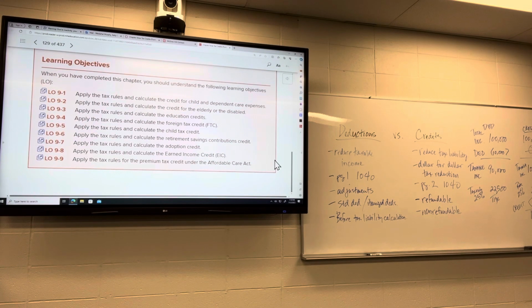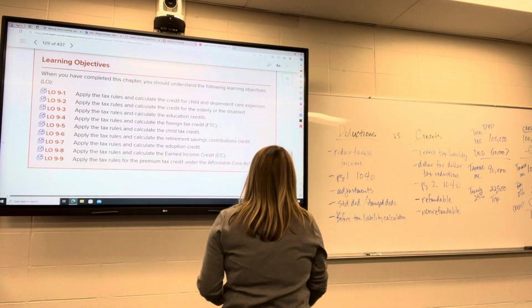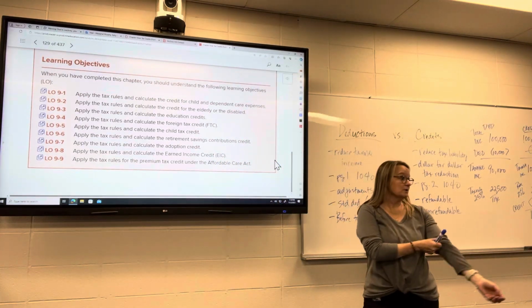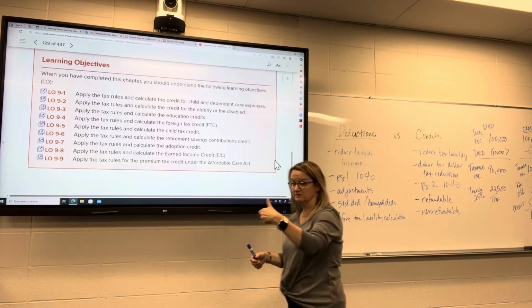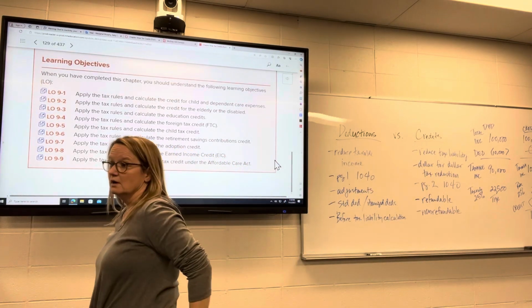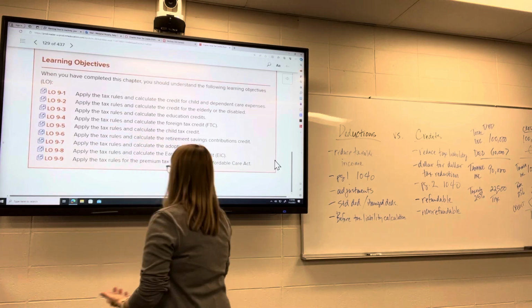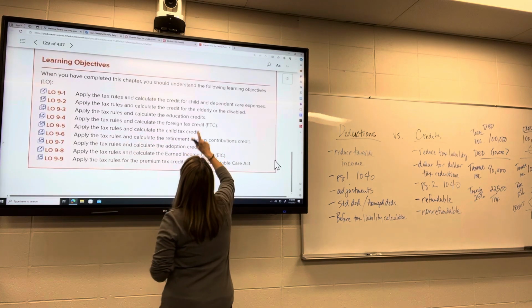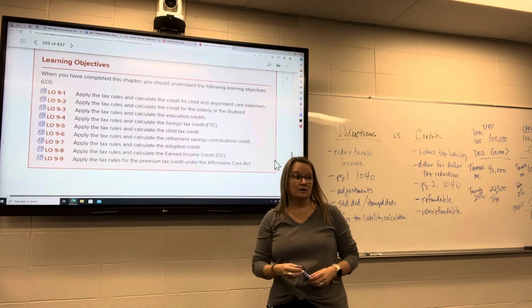All right. So these are the types of credits that we're going to talk about here. And some of you may be familiar with some of these. If you filed taxes before, you may have claimed some of these credits before. Child and dependent care credit.